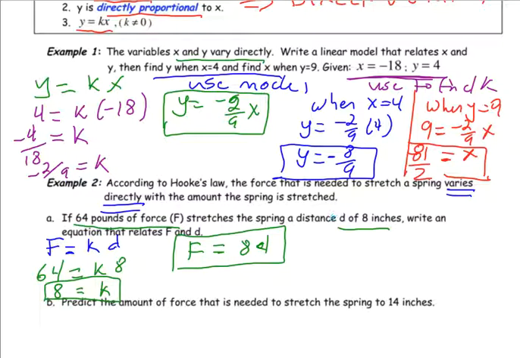So now we can use the model. This means that d is equal to 14, and we're going to find the amount of force. So F is equal to 8 times 14. 8 times 14 is 80 plus 32, which is 112. And the units here are in pounds.